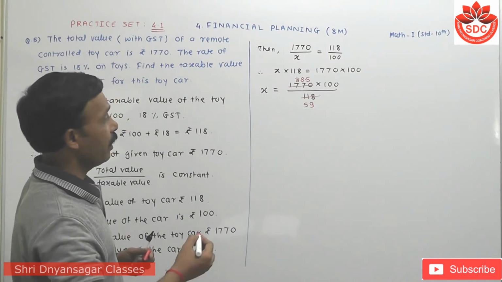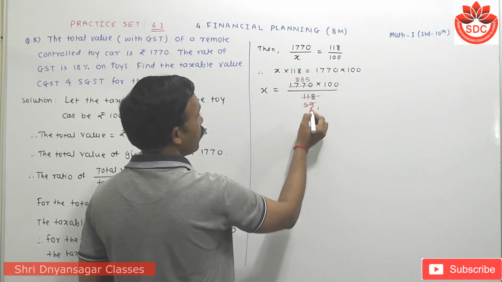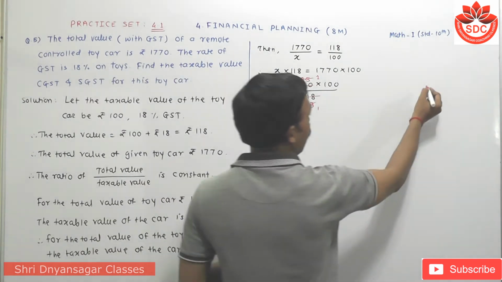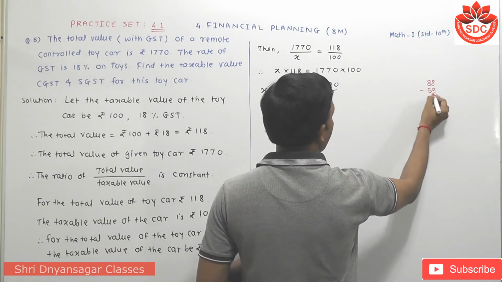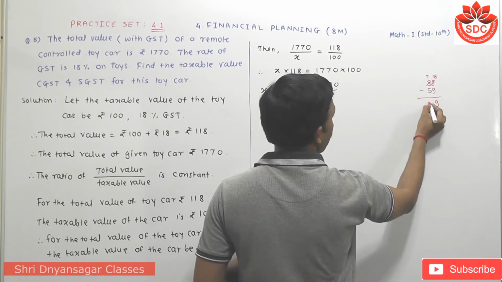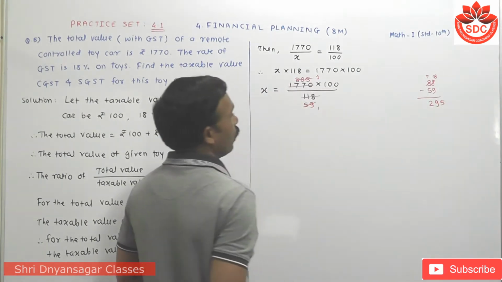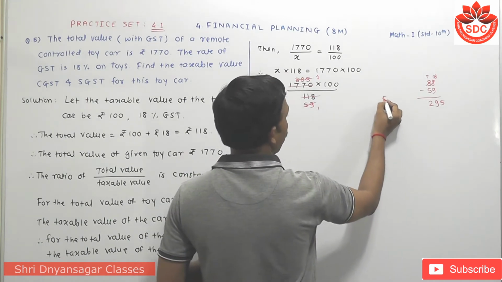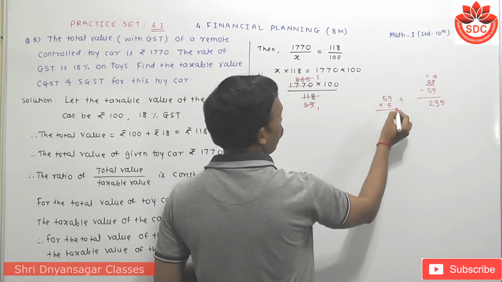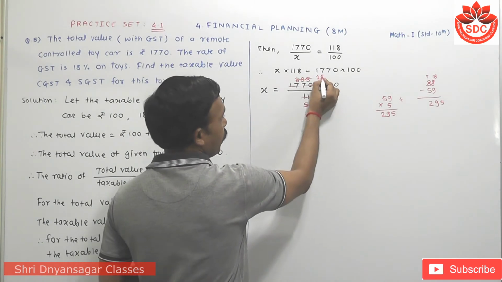Again, I simplify by 59 directly because it is a prime number. 59 ones are 59, 59 fives are 295, so 885 divided by 59 is 15.